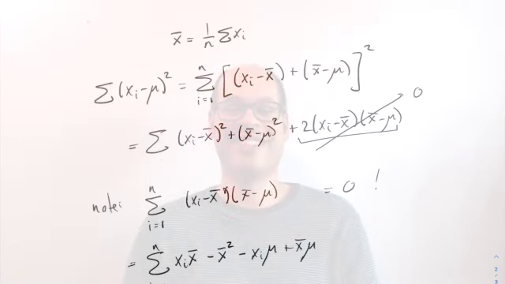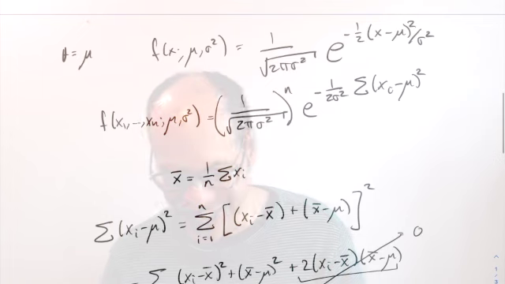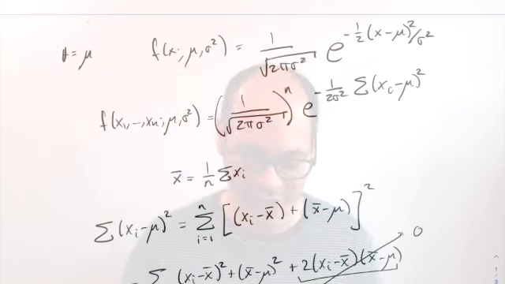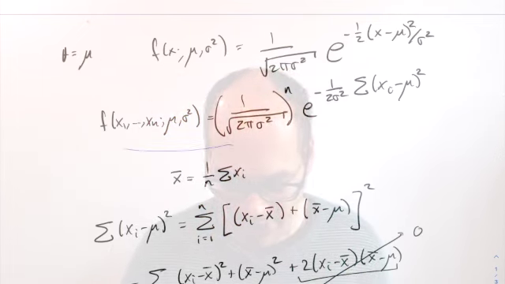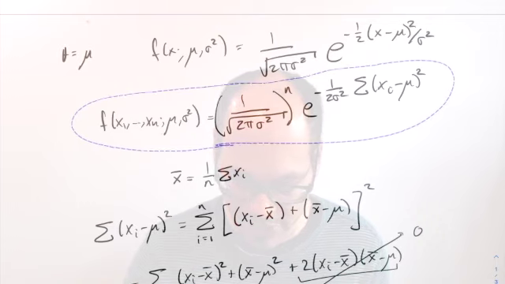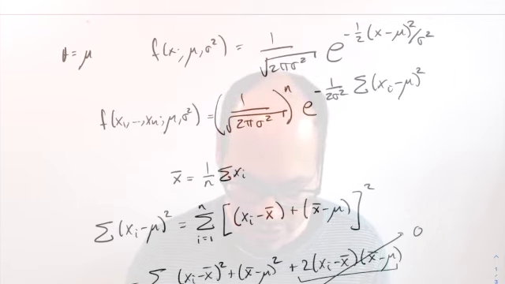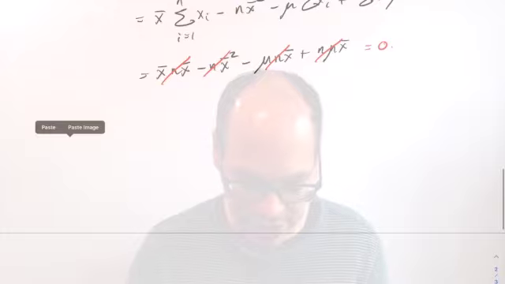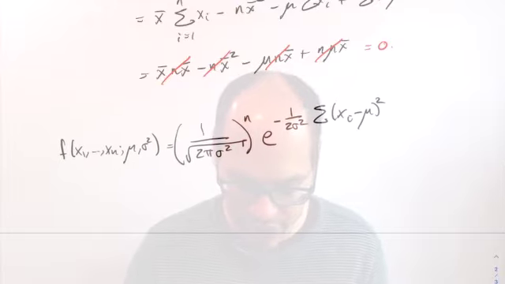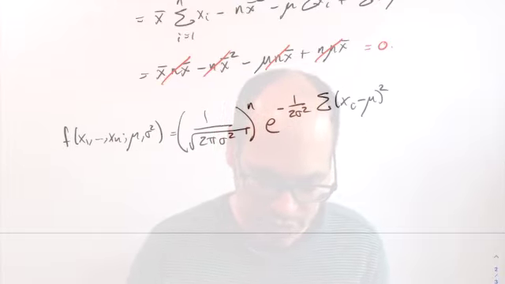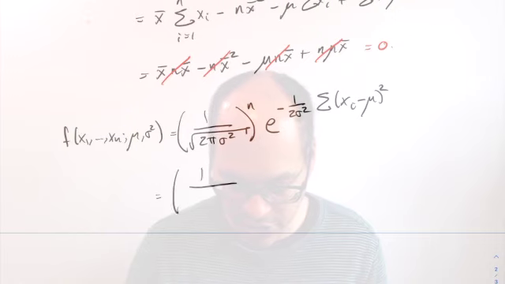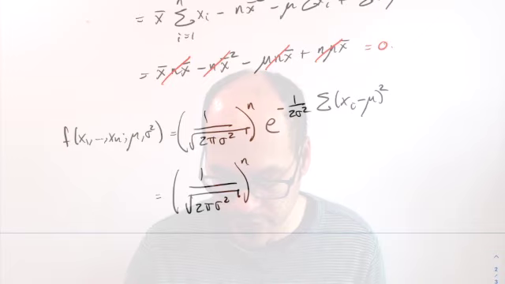Let's take a look and see what that gave us. This was all just rewriting the normal distribution, this joint normal distribution. Let me copy this. This is a trick that hopefully you'll be familiar with at some point, if you aren't already. So this ended up being equal to 1 over root 2 pi sigma squared to the n.